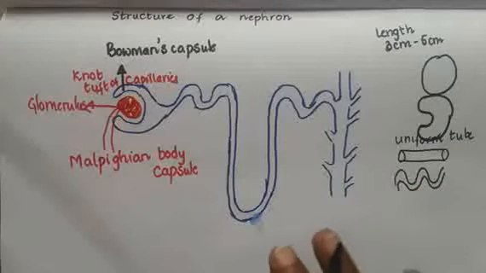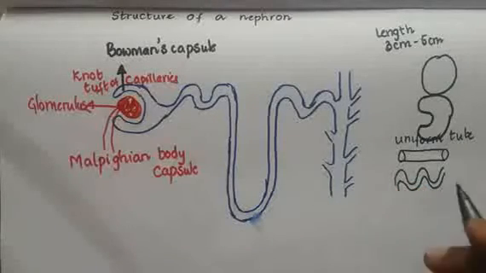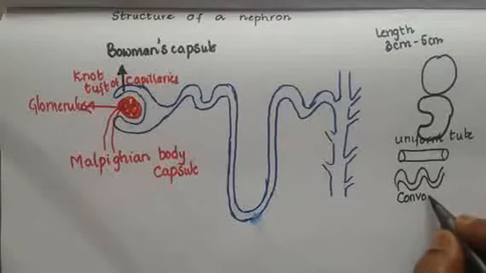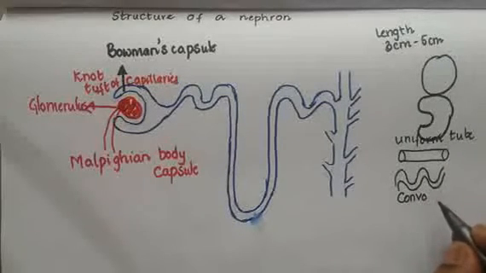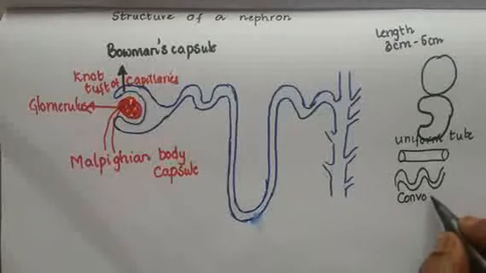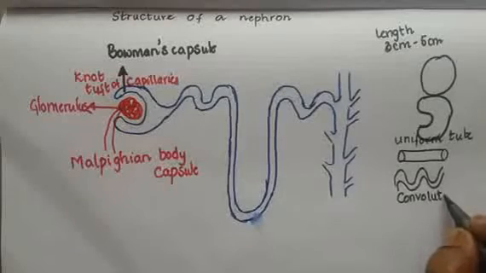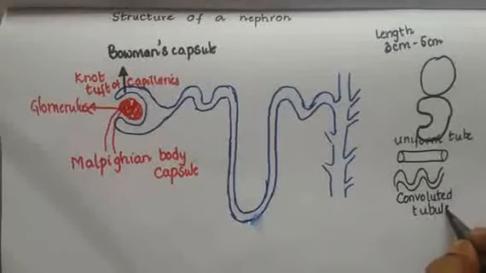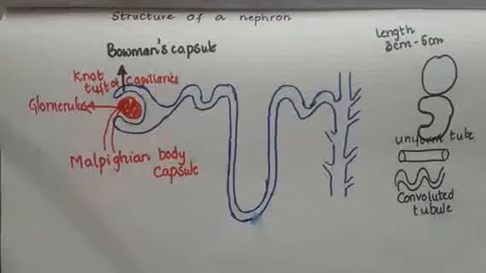Whenever you have such a twisted structure, we use the word convoluted. So now we can find the difference between a uniform tube-like structure and a convoluted tube-like structure.